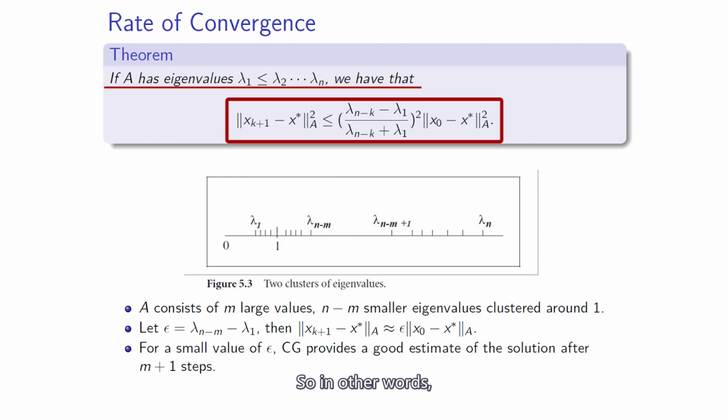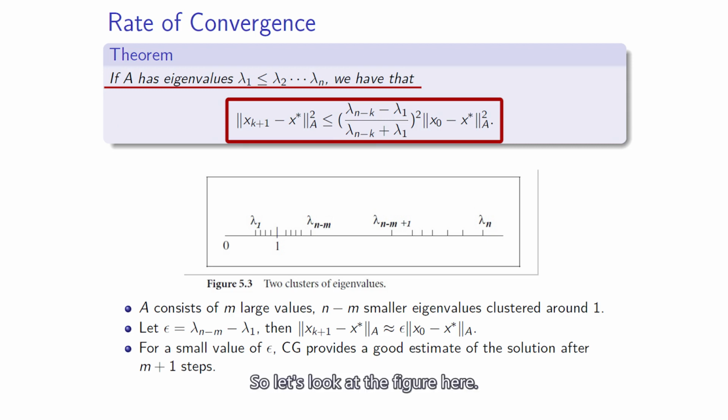Okay, so in other words, at most, the convergence rate of the CG method will be linear, or sometimes even faster than linear. It actually depends on the distribution of the eigenvalues in A. Let's discuss a very special case.